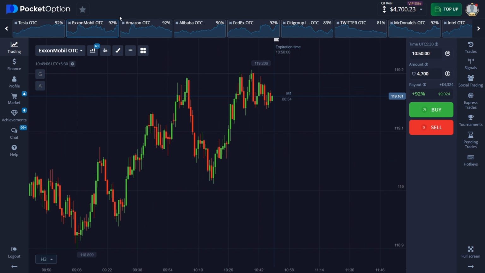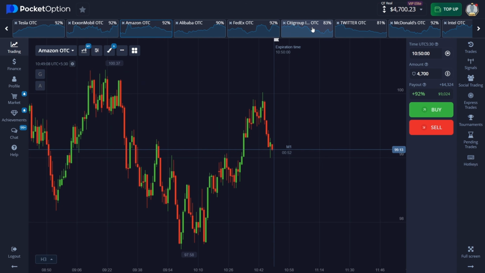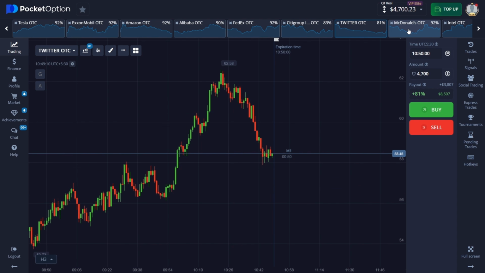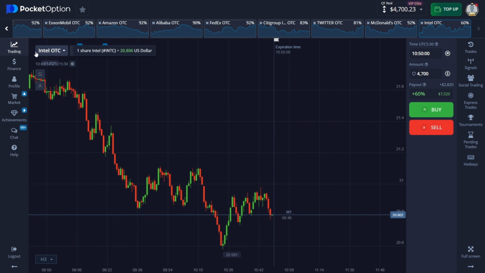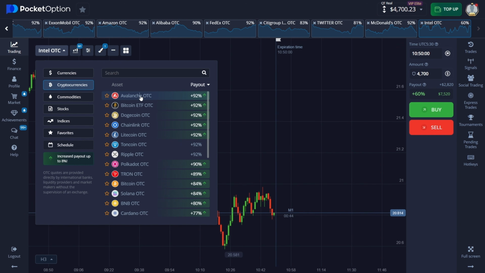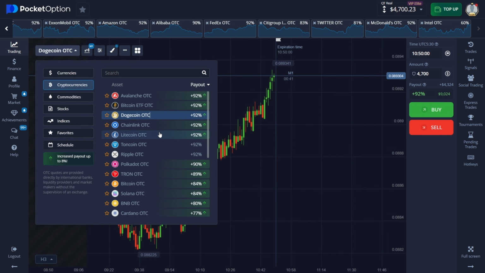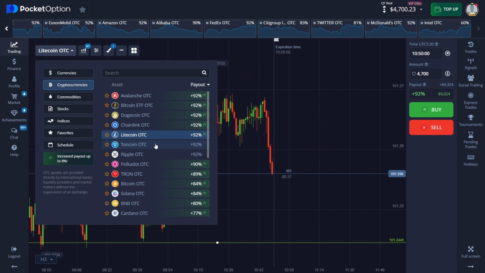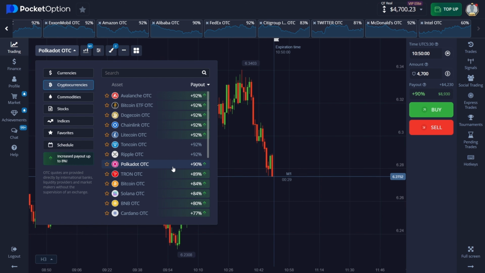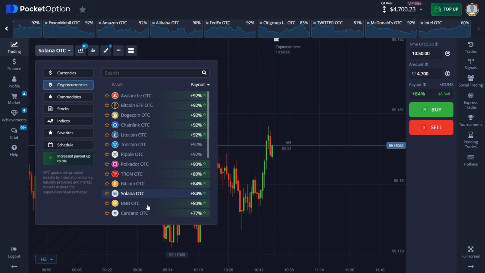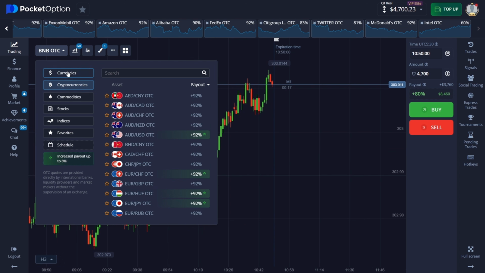It's a win. We won another trade, and now my balance has turned into $4,700. Let's find a trade for $4,700. Let's look for a trade in cryptocurrencies. But there are no trades available.